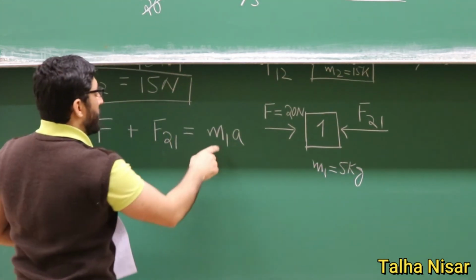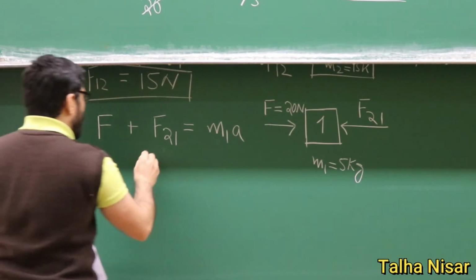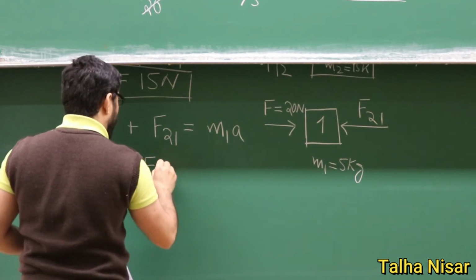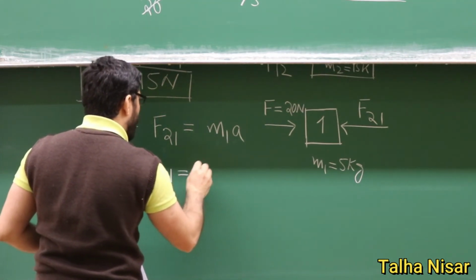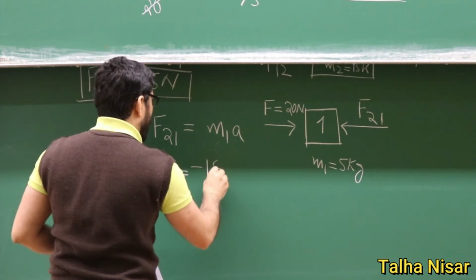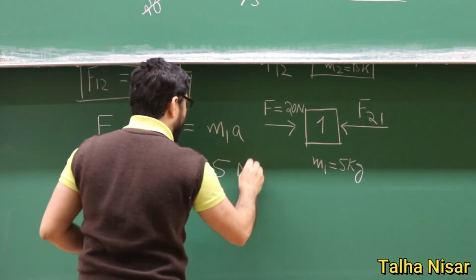So we have 5 minus 20, and we will have F21 equal to minus 15 newtons.